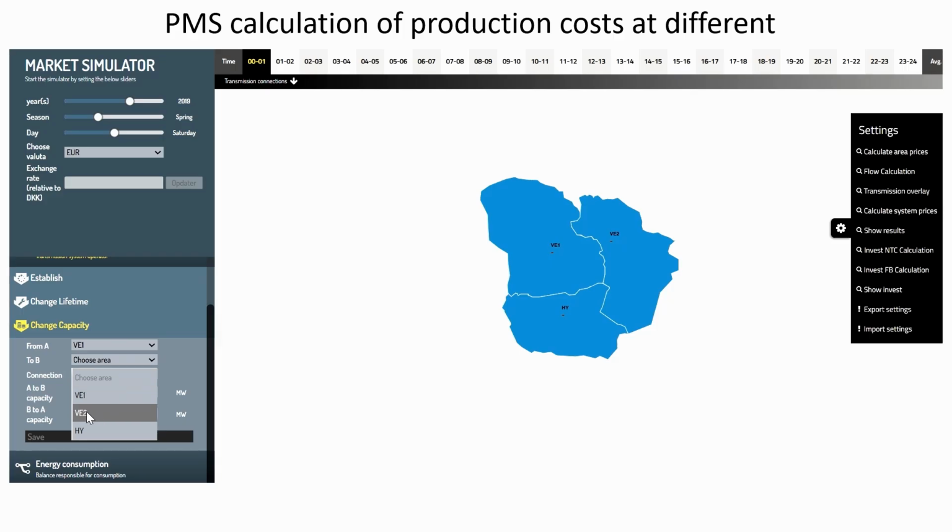My first guess of the transmission line between VE1 and HI should be 900 megawatt here. Save this. And the capacity between V1 and HI should be 1200 megawatt.